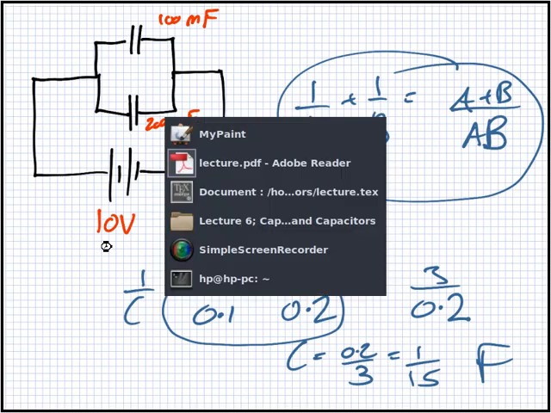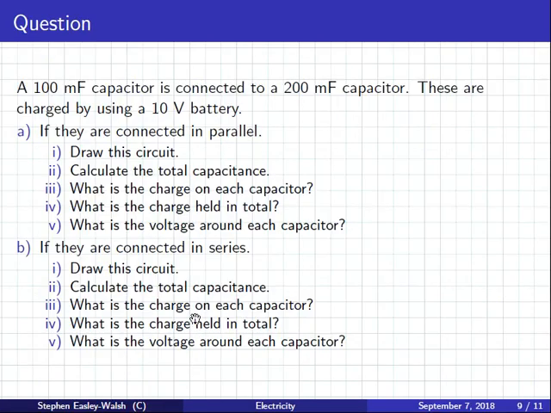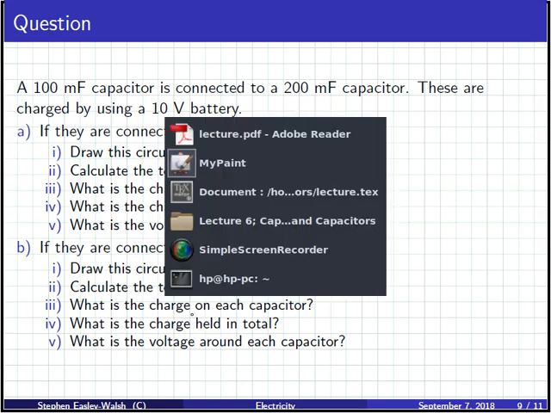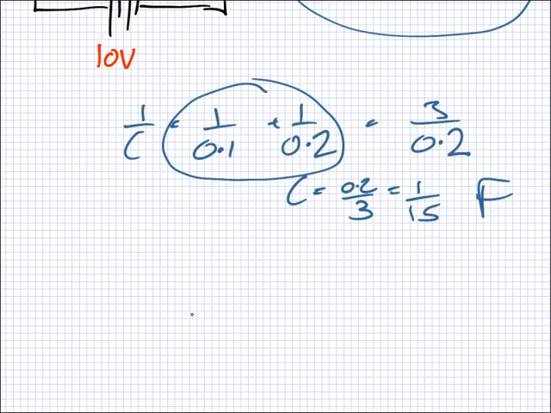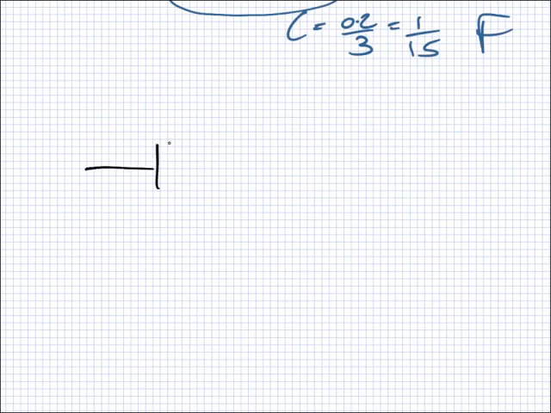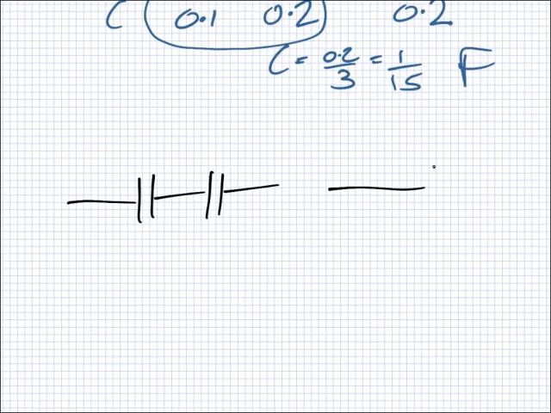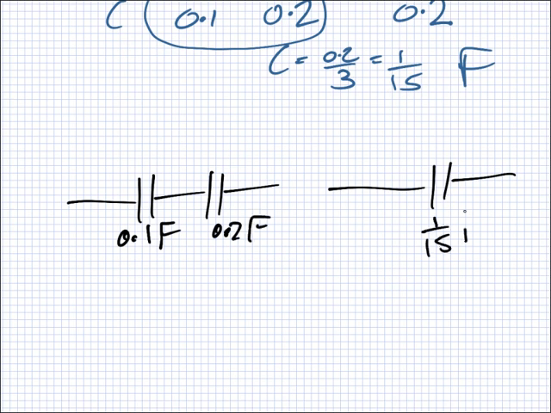Okay, what's the next one? What's the charge on each capacitor? 0.1 and 0.2. No, that's the capacitance. I want the Q. Yeah, on each. So they're like this now. It's constant. We said that's the same as one of these: 0.1 farads, 0.2 farads, 1 over 15 farads.